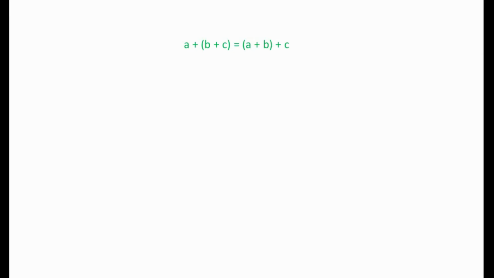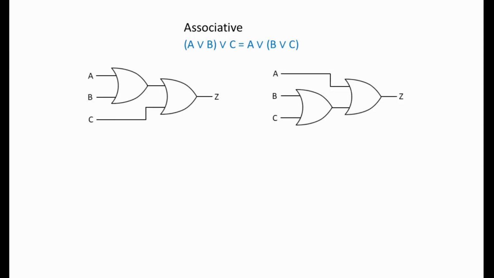Now, because addition corresponds to the Boolean OR operation, we can say that (a or b) or c equals a or (b or c). The only difference between each side of the equation is the position of the brackets, and they make no difference. In terms of logic gates, we're saying that these two subtly different circuits behave in exactly the same way.